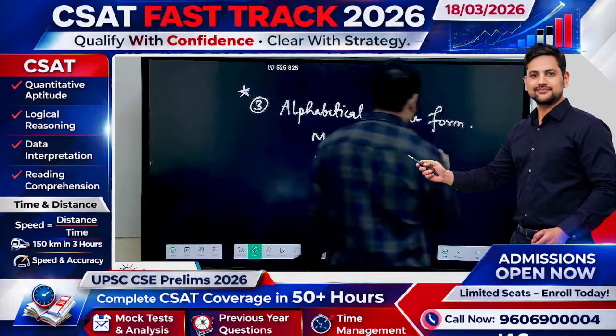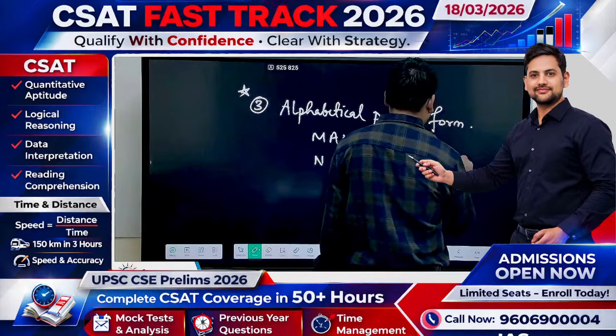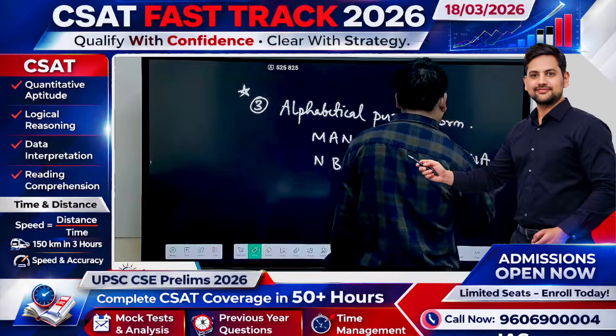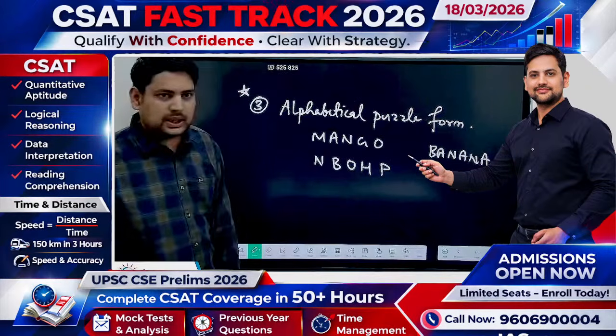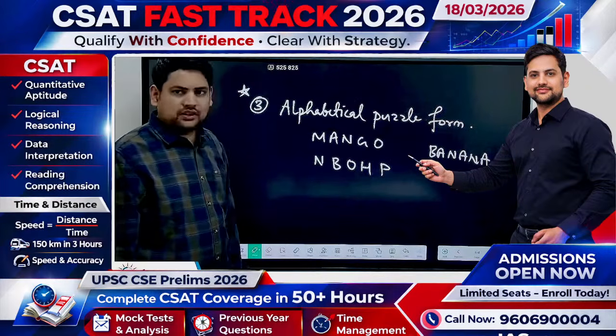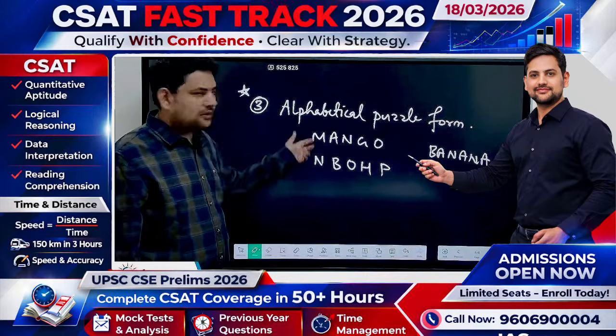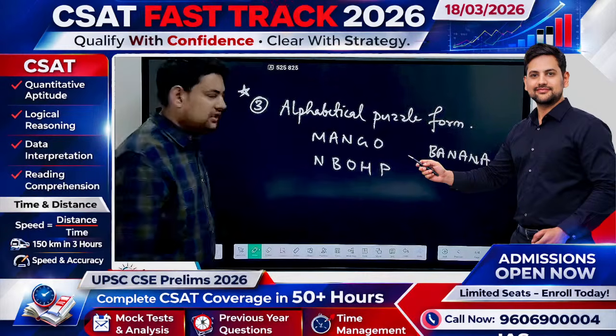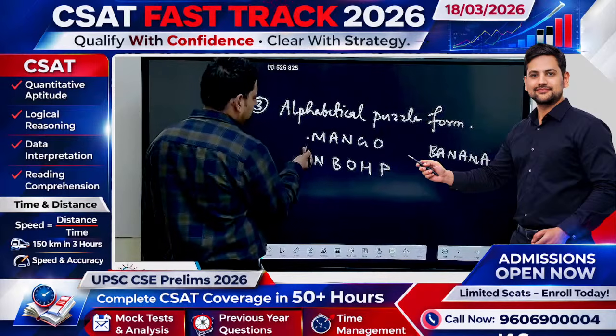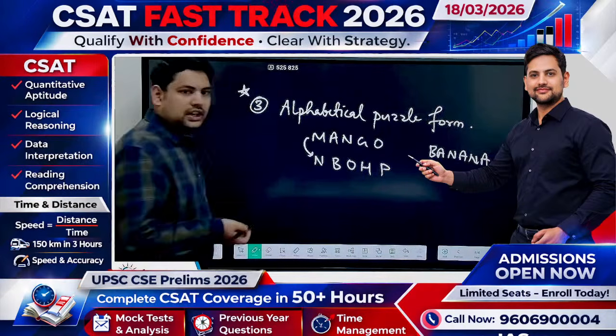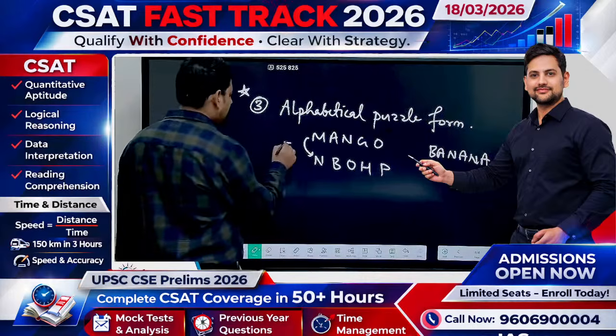Then again you will be asked, what will banana be written as? Correct? What we are seeing here is that in alphabetical order there is some change. In place of M we are writing N. That is, we are increasing it by 1.